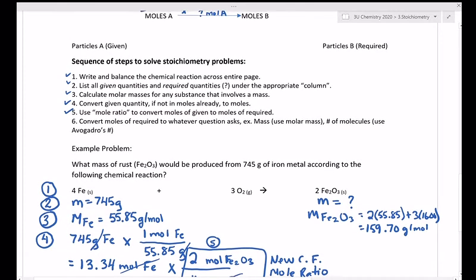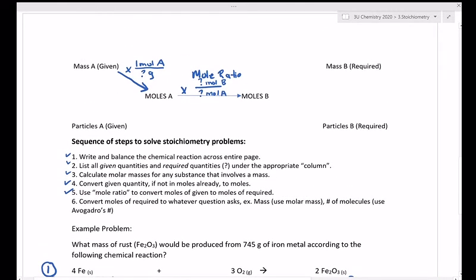So let's just finish up the picture up here and add these. So in our question, we are going from moles of B to a mass of B. So once again, we're going to use molar mass, but this time we're going to have 1 mole of B on the bottom multiplied by some number of grams, whatever that might be.